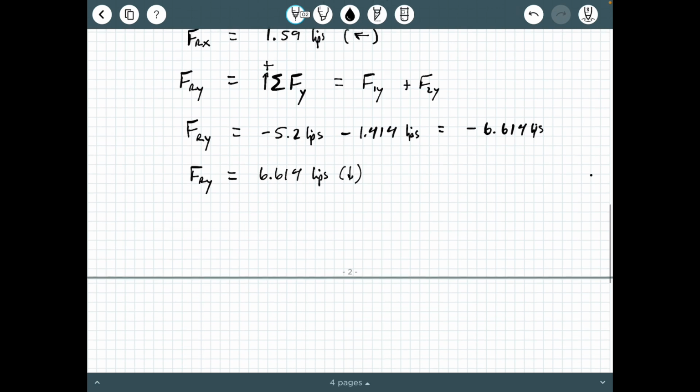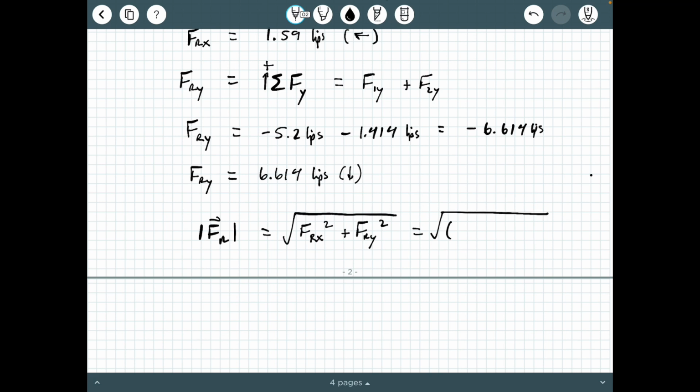And now we're finally going to get to our magnitude of the resultant force. The magnitude of the resultant vector force is going to be obtained from performing a Pythagorean theorem operation. So we're going to say it's equal to the square root of FRX squared plus FRY squared.